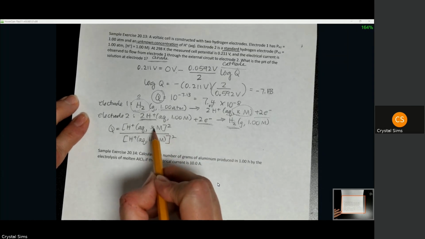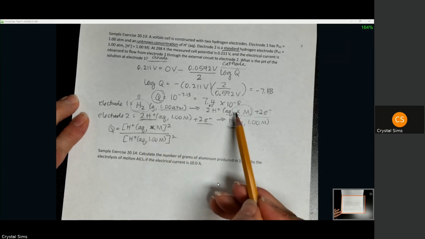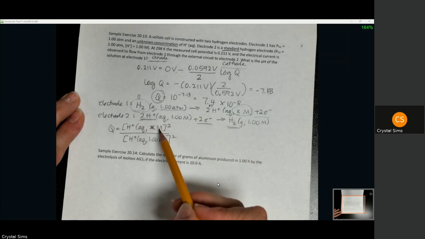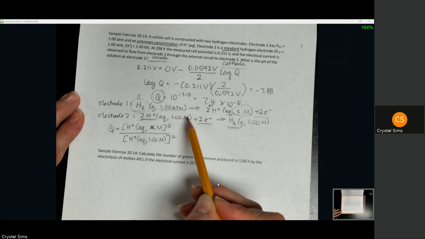Remember, I'm trying to solve for molarity. So here's my product. So product over reactant. I don't know what it is.